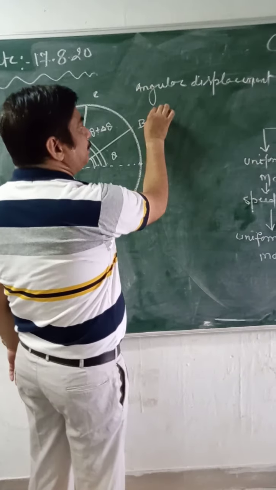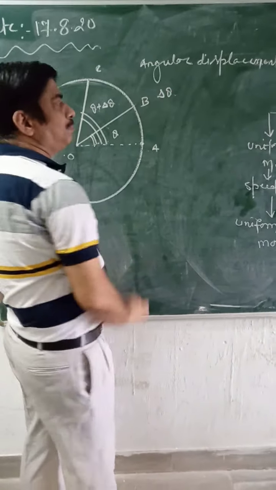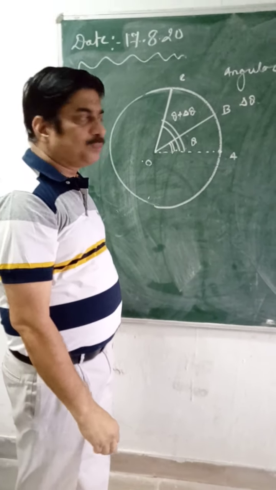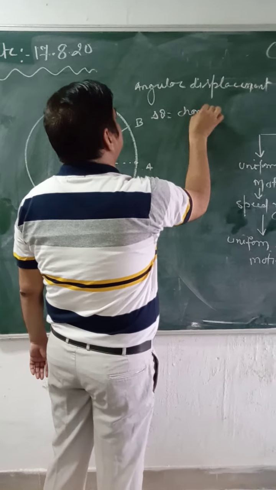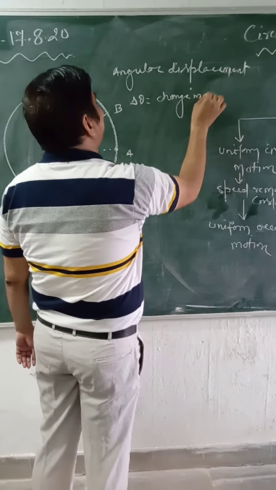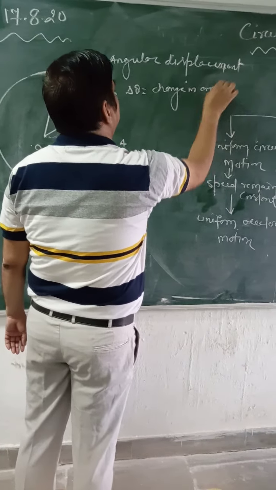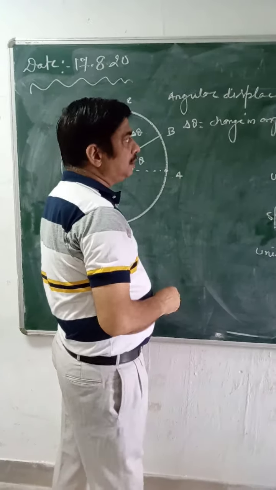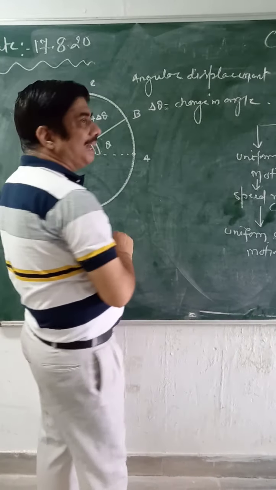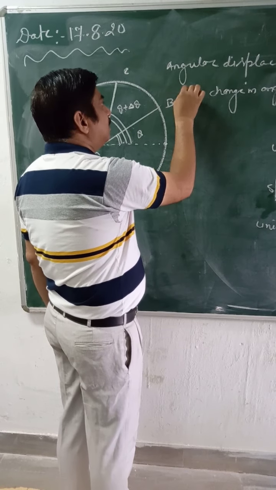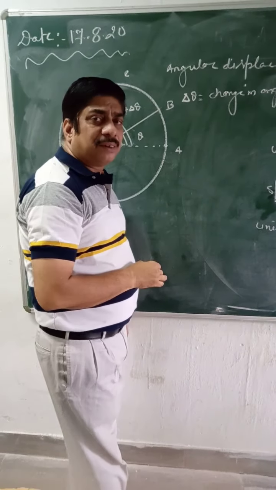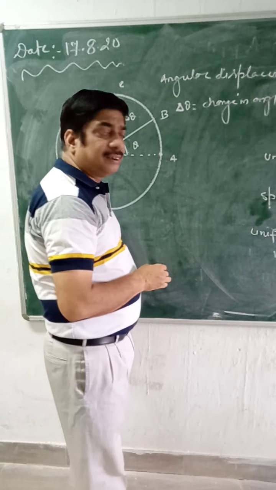And how is this represented? It is represented by delta theta. What is the meaning of delta theta? Change in angle. So what is the dimension of the angular displacement?